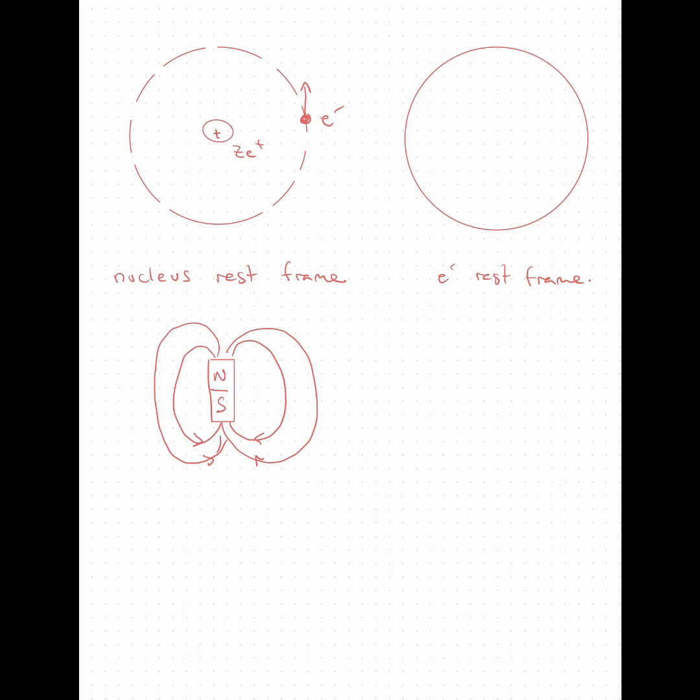And in the electron rest frame, the electron is at the center of the orbit. If you're sitting at the electron, you see the nucleus going around. Let's attempt to draw that effect in the following picture. The nucleus is moving around, generating the current this time.